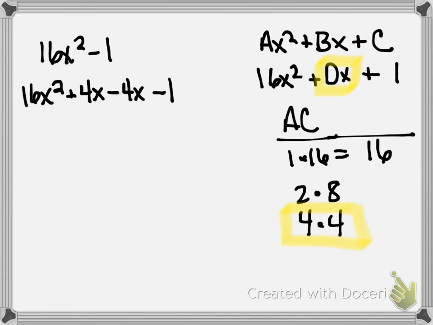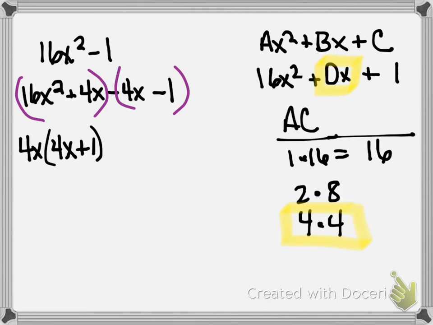So now we're going to take our normal methods, group them, and factor by grouping. In the front set, the only common factor is 4x, which leaves you with 4x plus 1. The second group is tricky because the only common factor is a 1. We are trying to get this to be identical to that factor because we need to factor that out later.